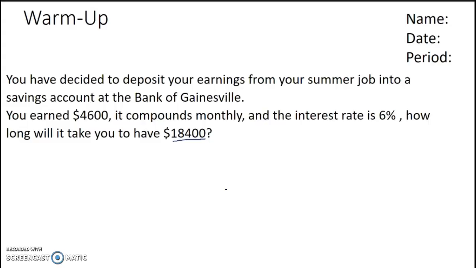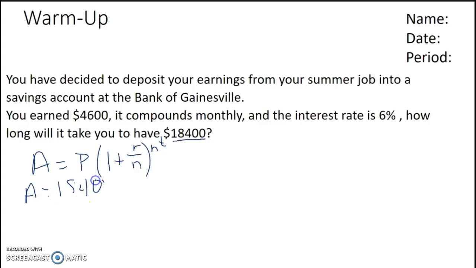So it's big A equals P open parentheses 1 plus R over N to the NT power, right? So my big A is 18,400. My P is what I started with, right?